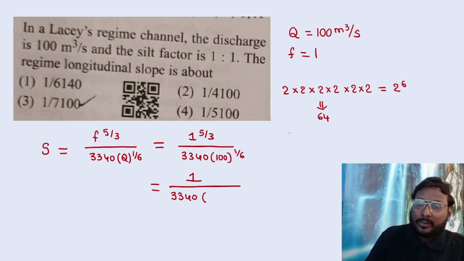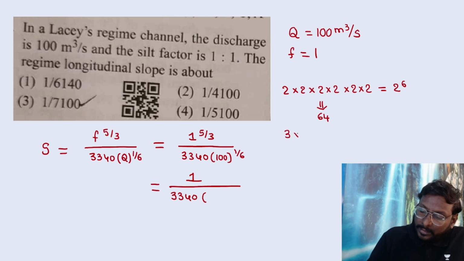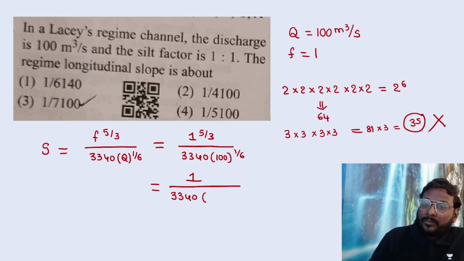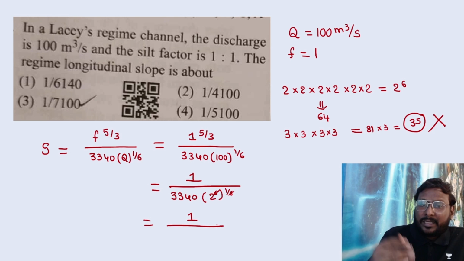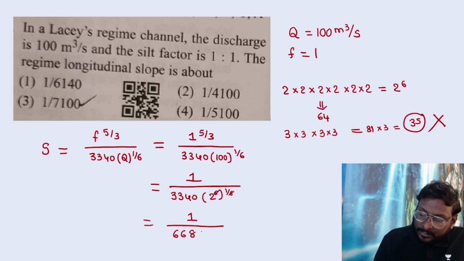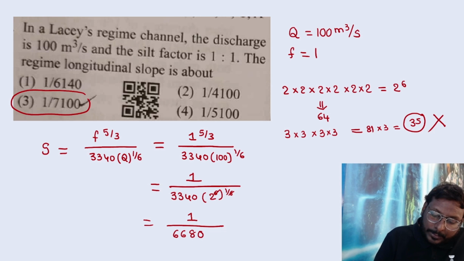If you take 3, 3 into 3, 3 into 3 already gives 81, so 3 power 6 is a very high value. I am taking a value between 2 and 3, around 2 power 6. Just double it, a nearby value you can take. It means greater than 6,600. Greater than 6,600 is the only option.